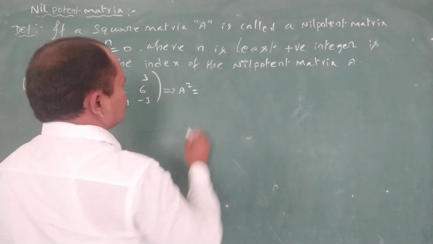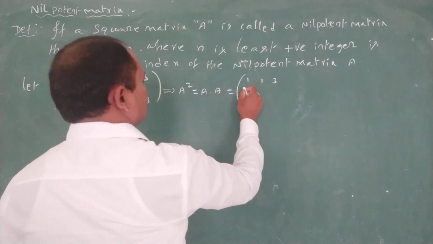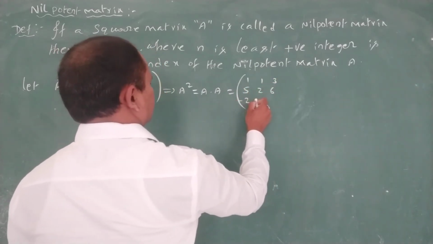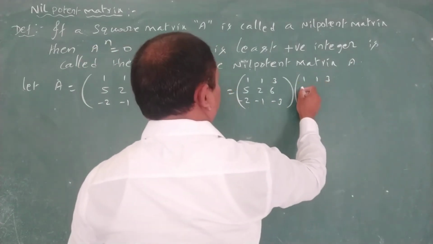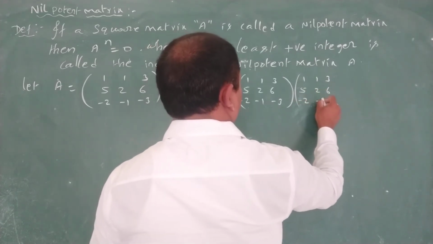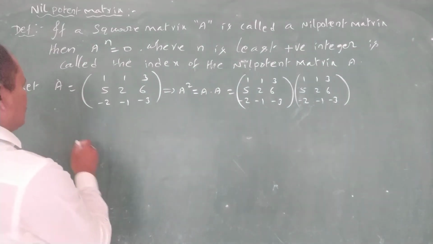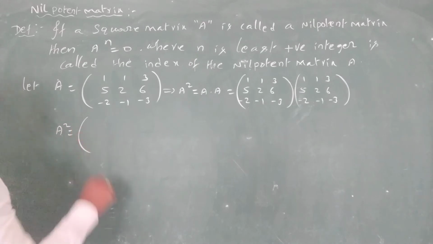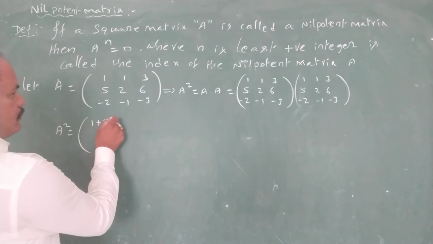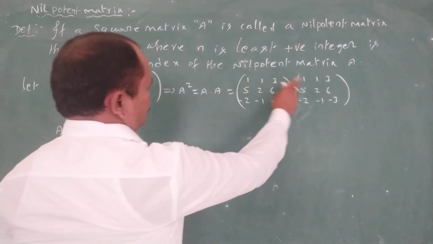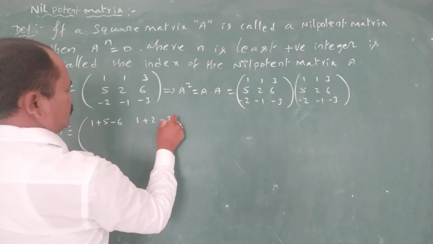Now to find A square first. A square, that is A into A, that is [1 1 3; 5 2 6; -2 -1 -3] into [1 1 3; 5 2 6; -2 -1 -3]. Right. Now we have to multiply that. Then A square is equal to, so this is 1 plus 5 minus 6. Again, this row into this column: 1 plus 2 minus 3.